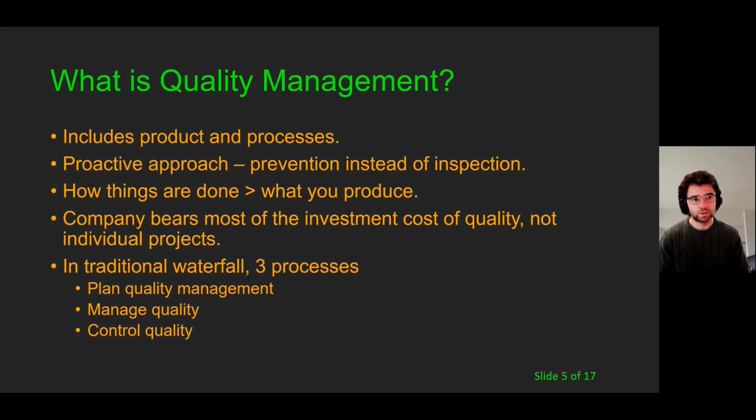And when we talk about quality management in a traditional waterfall environment, there's actually three processes that go into completing the quality management cycle. There's planning quality management, which is actually creating the quality management document. Then as we carry out work, we are iteratively managing our quality.